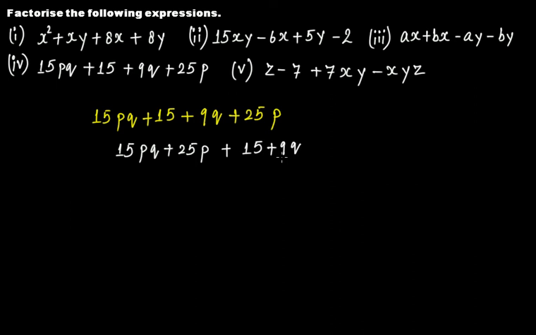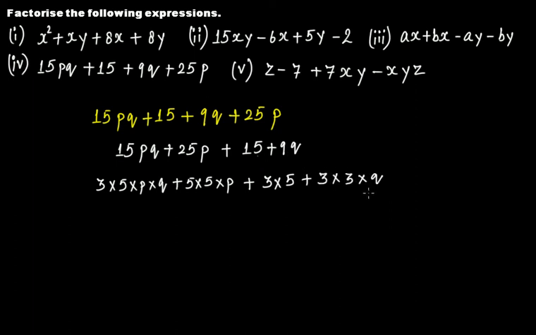Okay, now this 15pq is basically what? This is 3 times 5 times p times q plus 5 multiplied by 5 multiplied by p, then this is plus 3 multiplied by 5 plus 3 multiplied by q. We have reduced each term into its irreducible factor form.